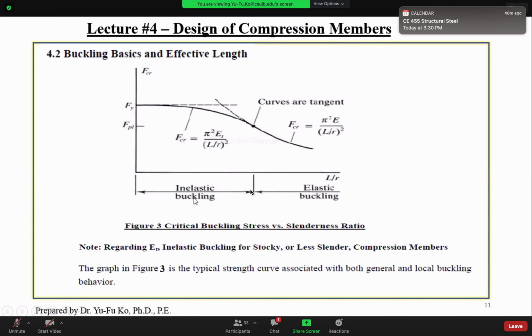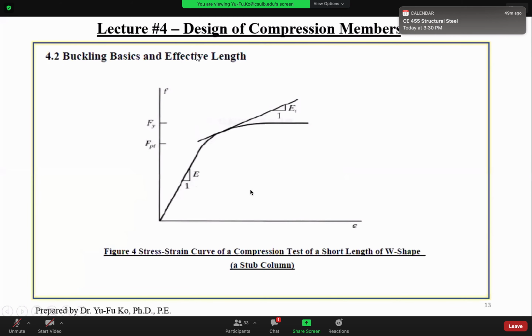So the behavior is quite complicated in this region. That's why, to approximate the behavior, we use the tangent modulus in Euler's equation. That's the reason coming from this picture.